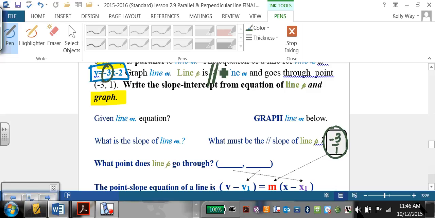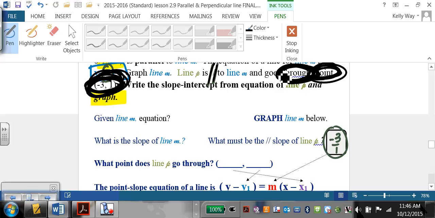Parallel. Taylor, what's the second quality? Not only is it parallel, it also what? Sweetheart, I'm giving you a hint. It goes through, Taylor, can you say the word through?